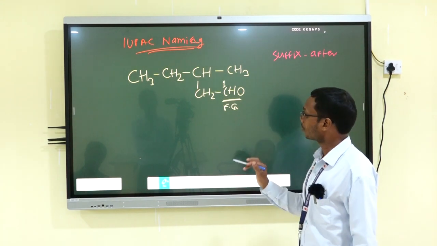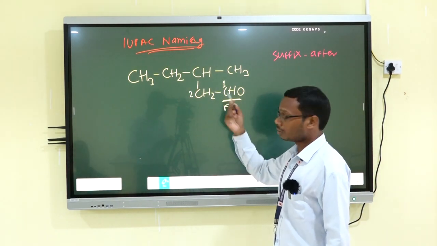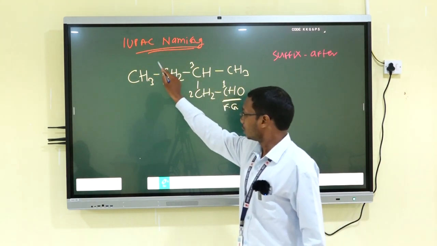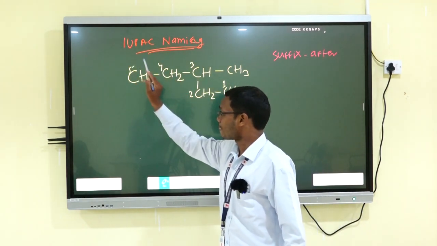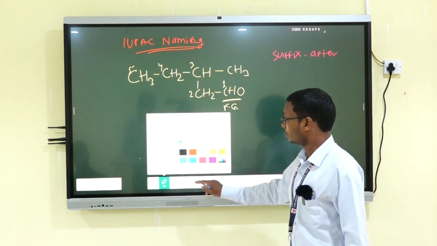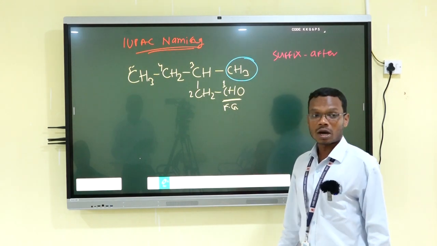No doubt, it is clear. Then what is the second carbon? It is the second carbon. Then what is the third carbon? It is the third carbon. Obviously, this is 4 and this is the 5th. Now, what is your extra group? The extra group is CH3. So how to name this compound?